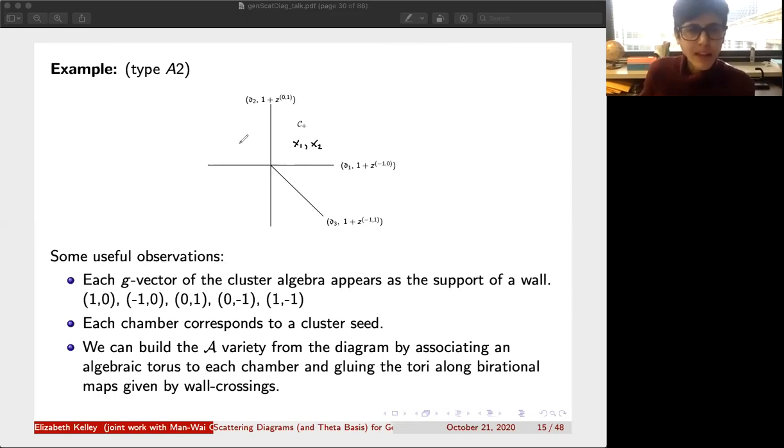It turns out each of these other chambers corresponds to a valid choice of two cluster variables that I could have started with instead. One nice structural property this is hinting at is that in some sense, crossing one of these walls is like mutating.